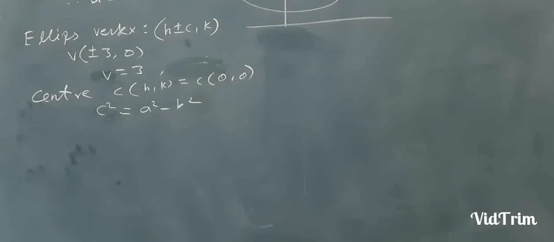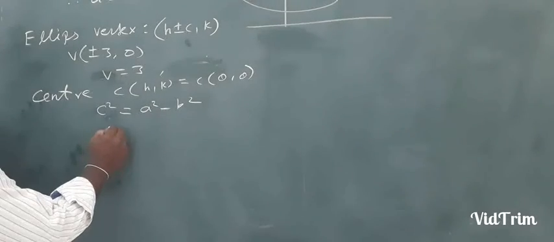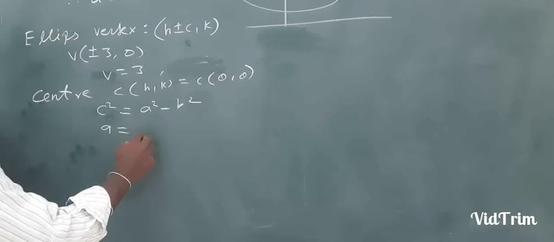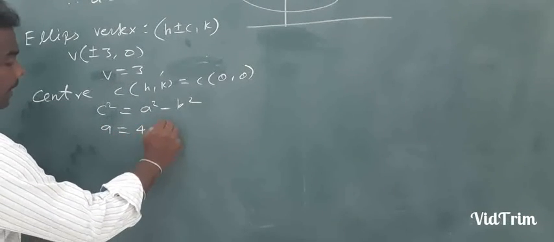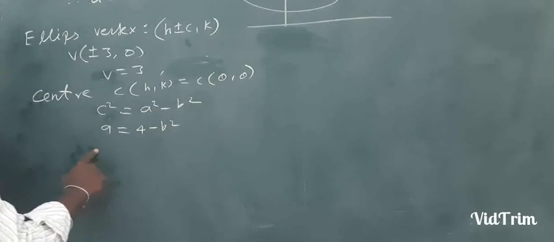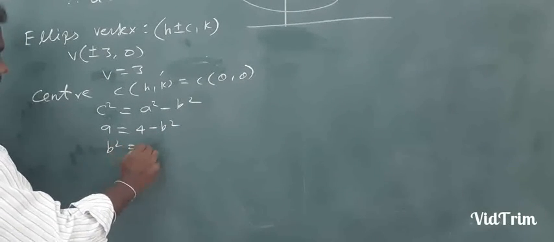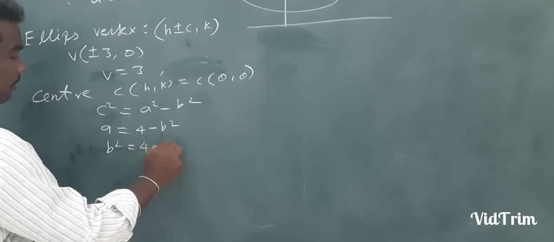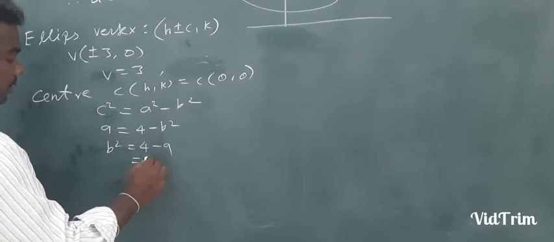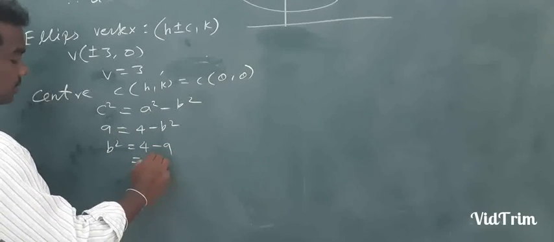Now c square, the c value is 3, that is 9. And a value 2, a square is 4 minus b square. You change it to the other direction, so b square equals 4 minus 9, so it will become minus 5.